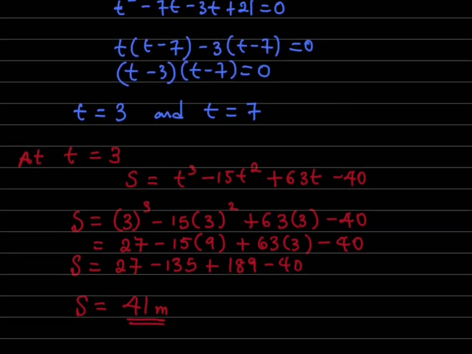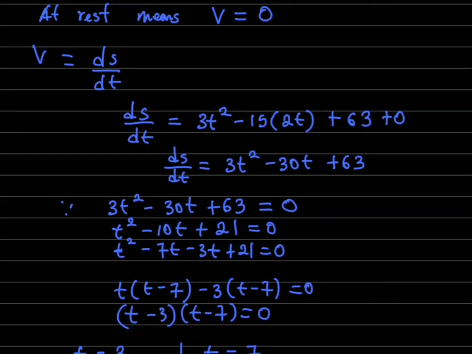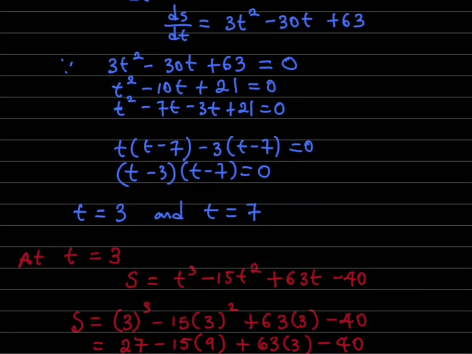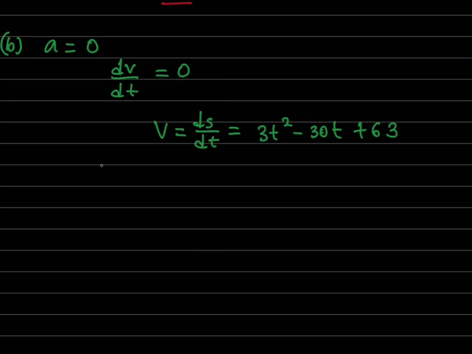And we have our velocity already, which is ds by dt, and we have it as 3t squared minus 30t plus 63. So we'll differentiate it now. So therefore, dv by dt will be the differential of this, which is going to give us 6t minus 30. All right, differential of 63 is 0.